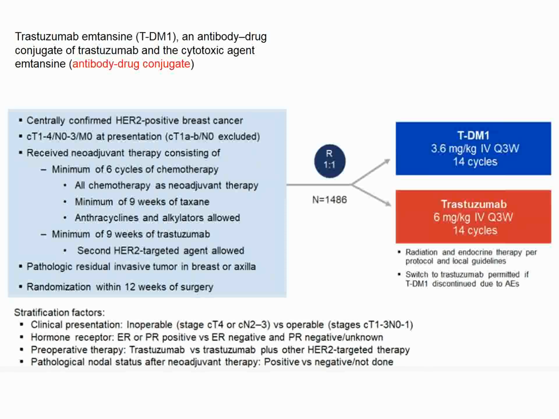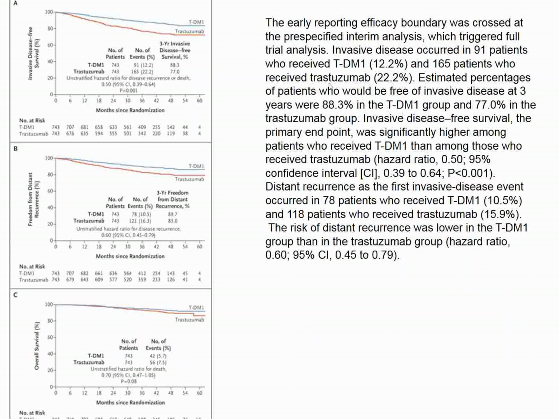So here we see the randomization, fairly large numbers of patients to trastuzumab alone or trastuzumab plus this antibody drug conjugate therapy. And what we see here is the antibody drug conjugate therapy beats trastuzumab alone.